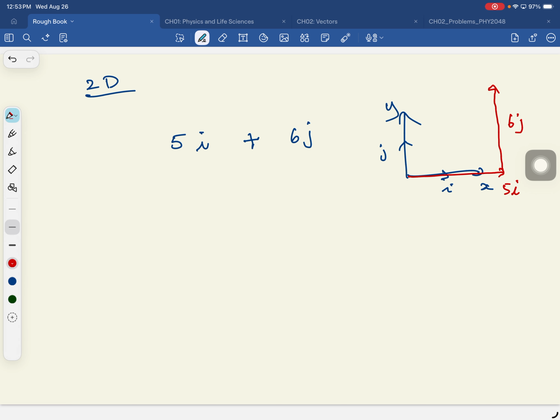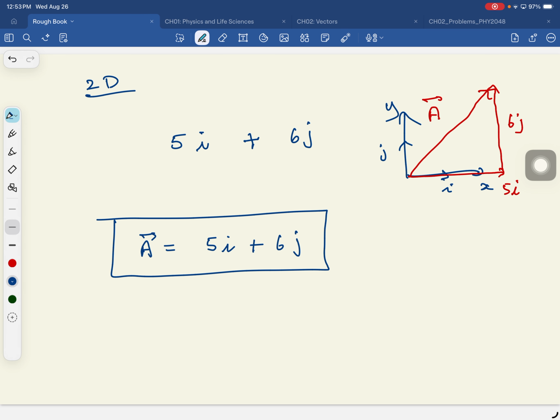And the sum of those two vectors is this vector. Let's give it a name. We'll call it A. So vector A is 5i plus 6j.